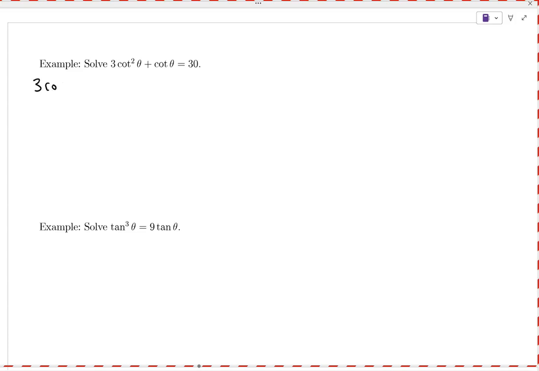Factoring only is helpful if I have 0 on one side of the equation. So that's step 1, moving everything over to one side. If you're going to factor, you have to move everything to one side to start.